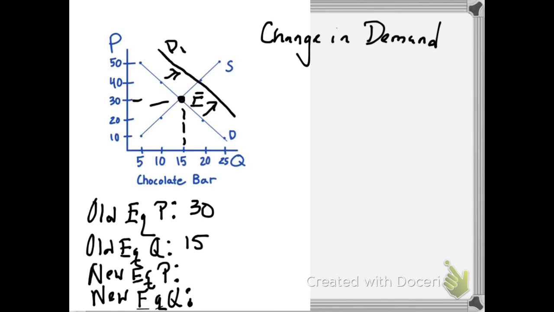Meaning there's a new equilibrium point right there, and the new equilibrium price would be 40, and the new equilibrium quantity would be, we go down here, 20. Now this concludes a change in demand regarding prices of substitutes.